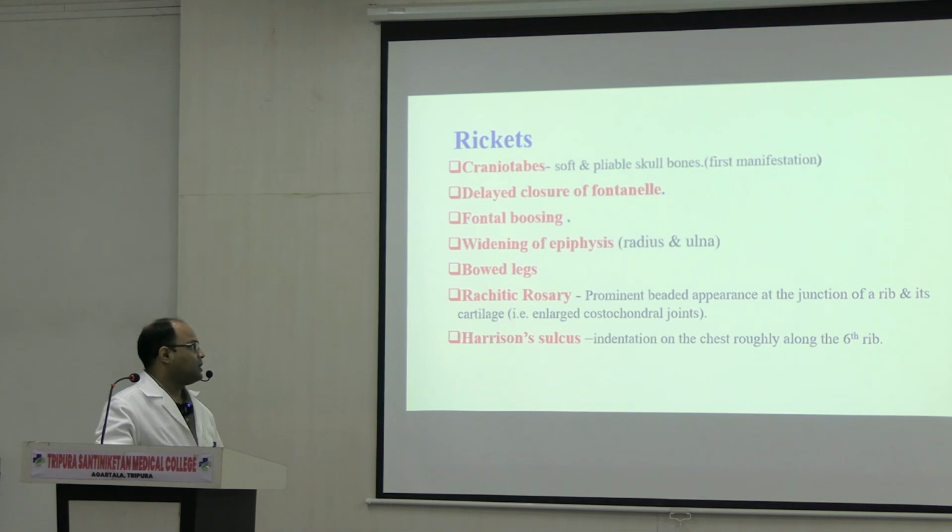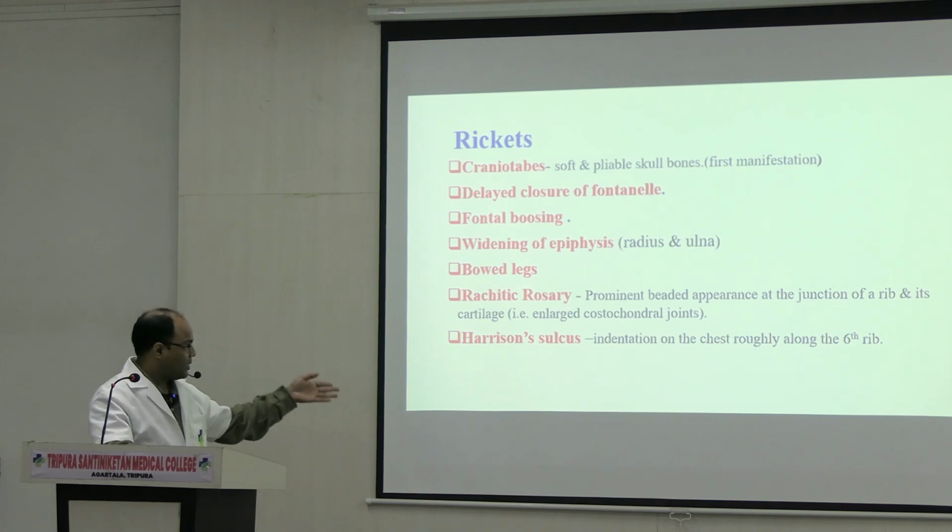Widening of the epiphysis in radius and ulna. As a result of decreased mineralization, there is a widening of the epiphysis. Next, bow leg becomes like this.